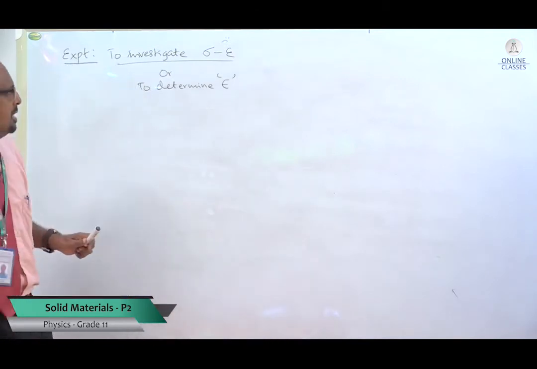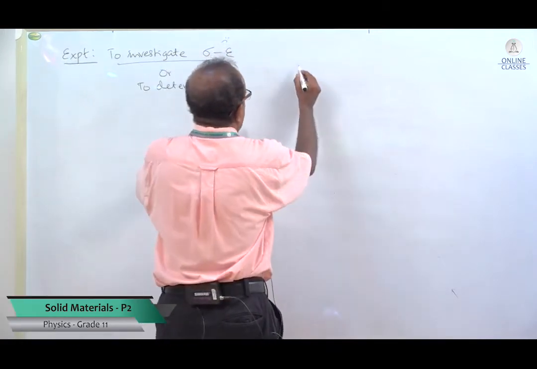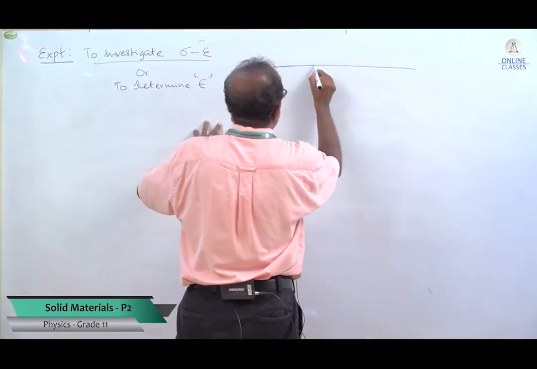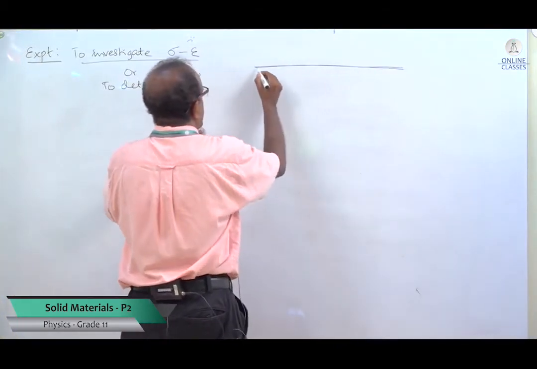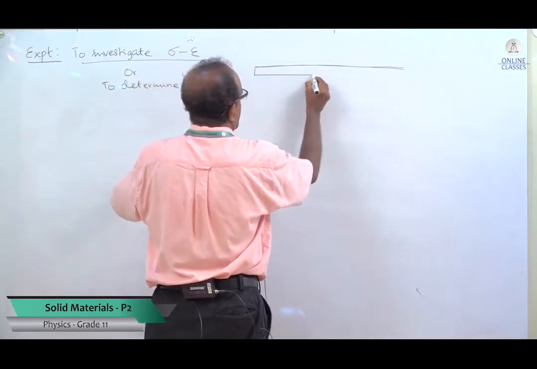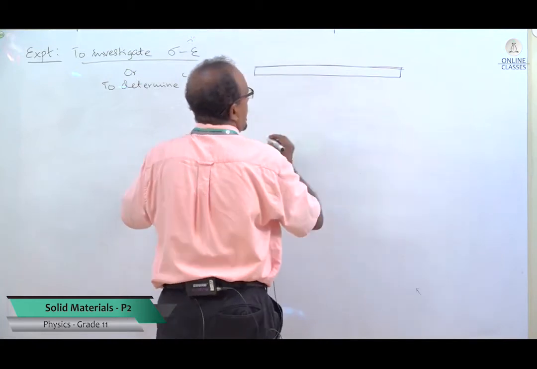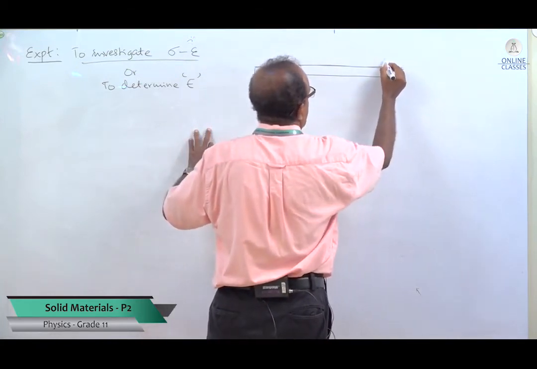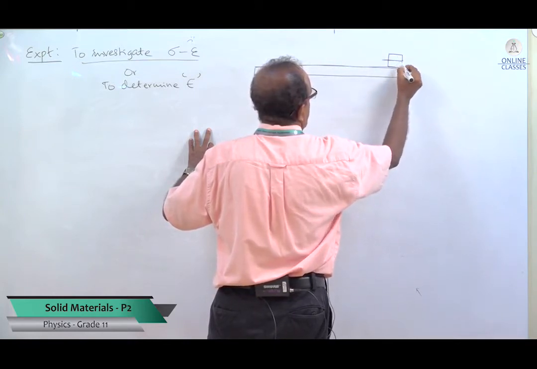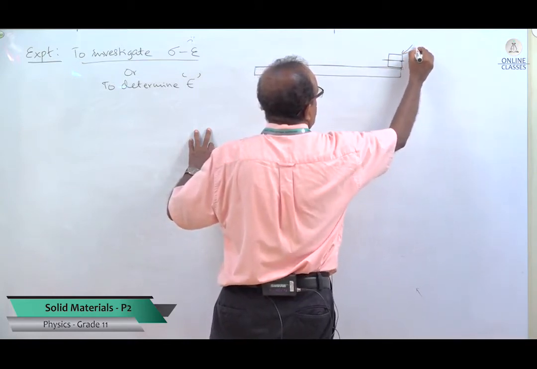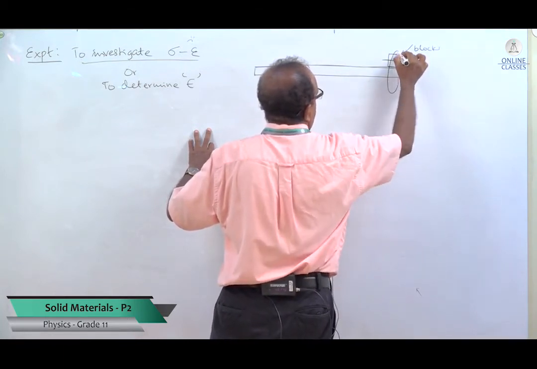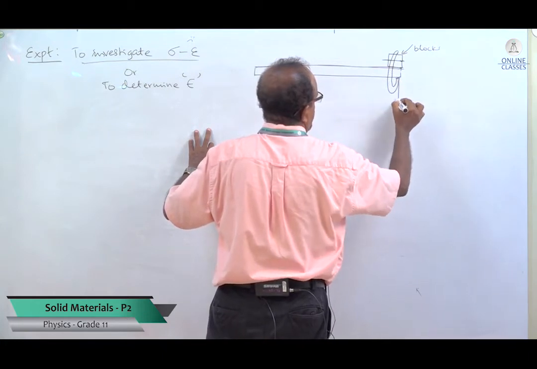So this diagram we are using, maybe you have learned this one in the class. This is a tabletop, and here we are keeping a wire compressed using wooden blocks, and we can clamp this with a G clamp.